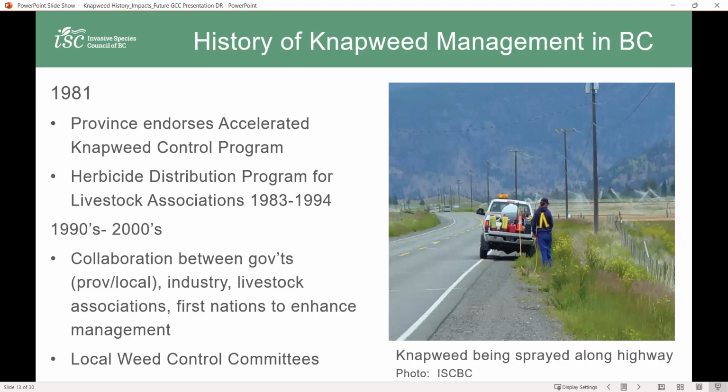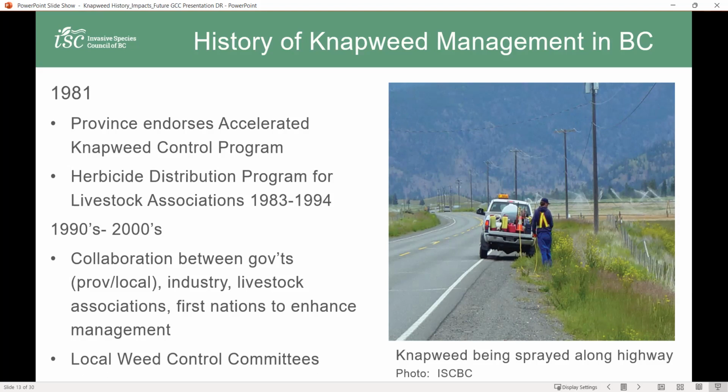Around 1981, the province was endorsing an accelerated knapweed control program as a result of the knapweed program that they had established in 77. And one of the parts of that program, besides incentives with local governments and associations, was a herbicide distribution program that the Ministry of Agriculture was in charge of.